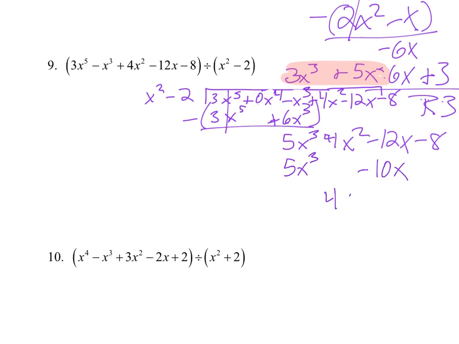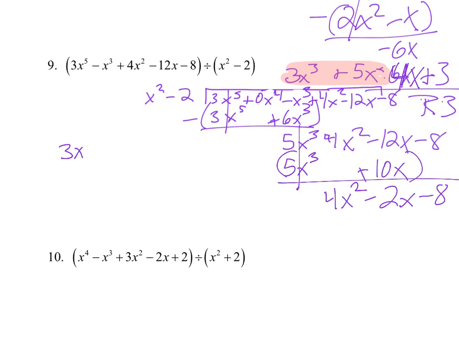So the 4x squared comes down. I have a minus, these go away, and I'm subtracting the 10, so it becomes plus 10. So it's minus 2x minus 8. Now, I can still do something with the 4x squared. So I multiply x squared minus 2 by 4x. I'm going to write it over here so we know what our answer is.